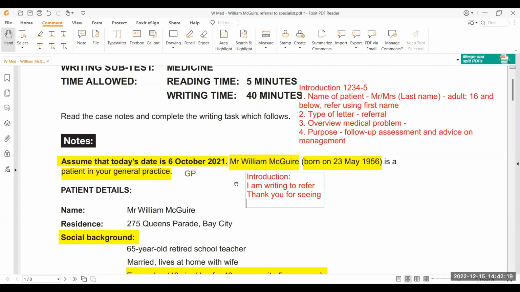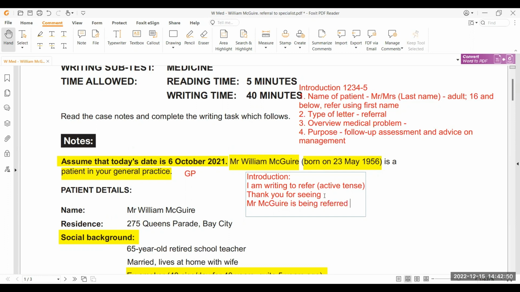Maybe we could say, so here we call this the active tense. Thank you for seeing, go ahead. That he requires. So maybe we can start with the name of the patient first, Mr. McGuire is being referred. Correct.